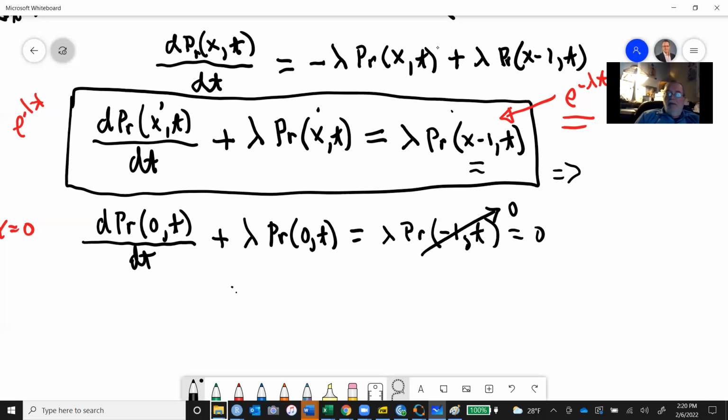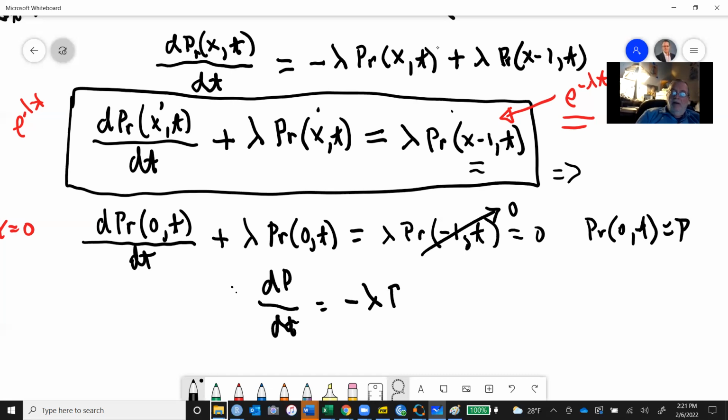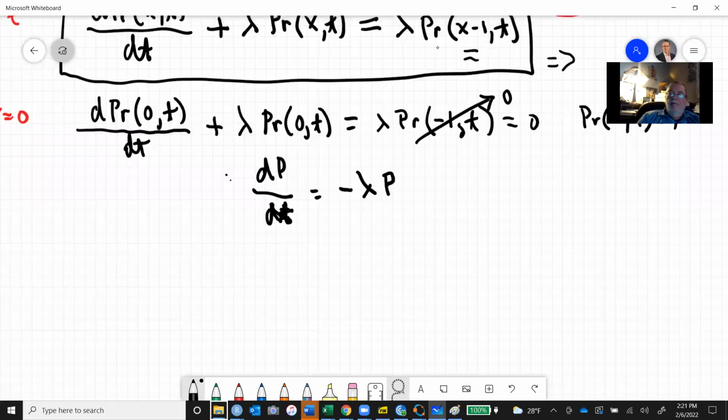Now, what I'm going to do, I'm going to say P of 0, t is just equal to p, just to make life easy. So we have this differential equation for our first time out. We're already running into difficulties here. Equals minus lambda p. Okay.